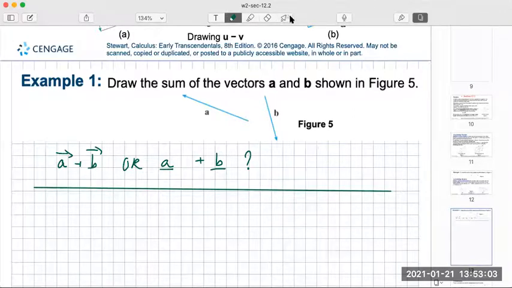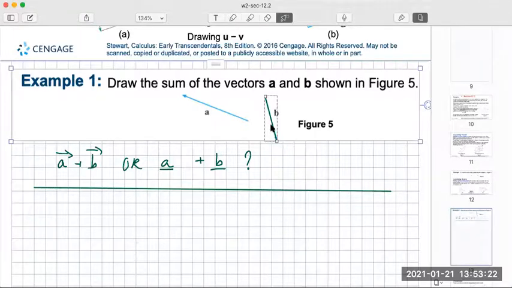So this is vector A, and this is vector B. We see that the original vector B in blue and the vector B in green, how are they compared to each other?